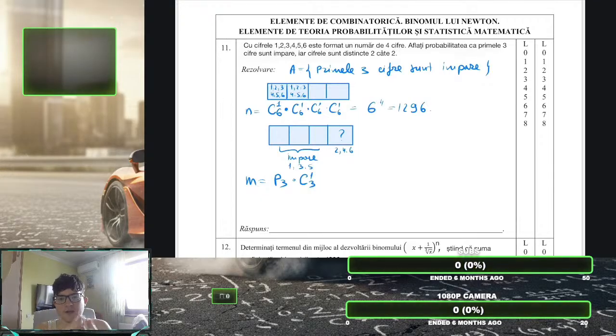The thing is, the 3 digits must be 1, 3, 5. The other ones are 2, 4, 6.